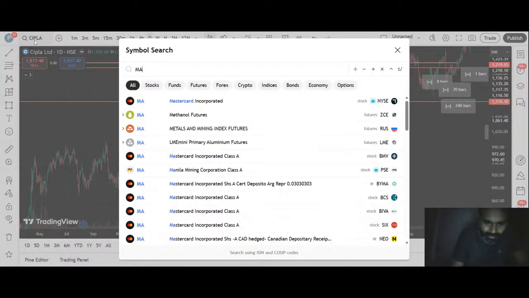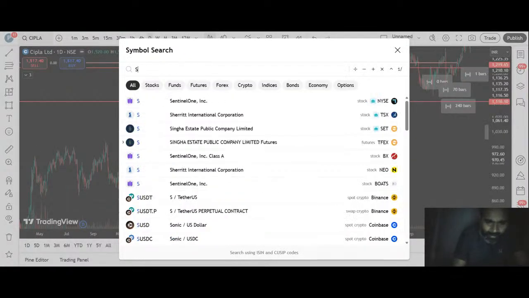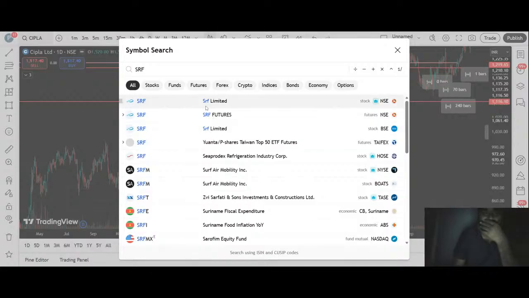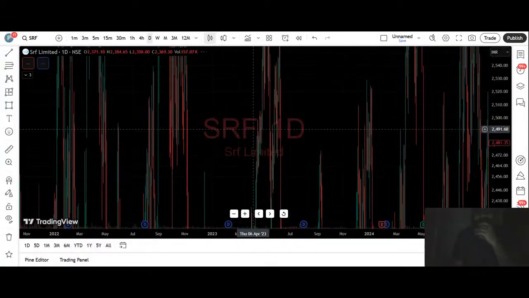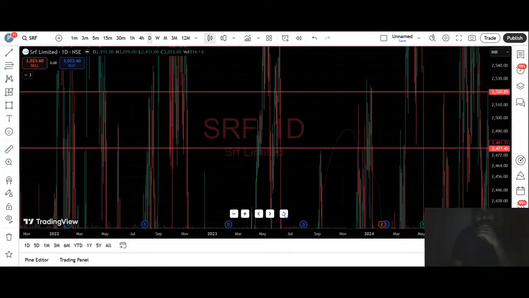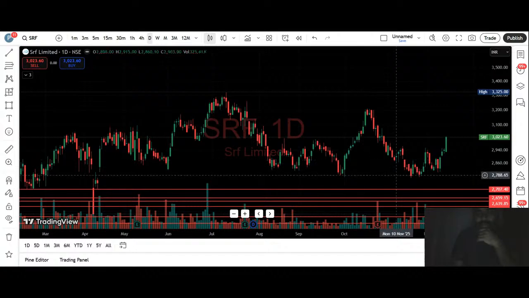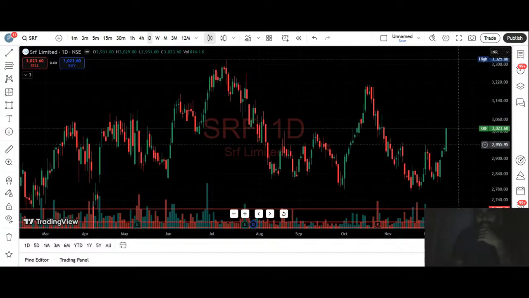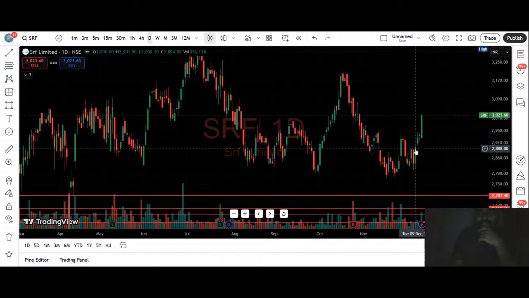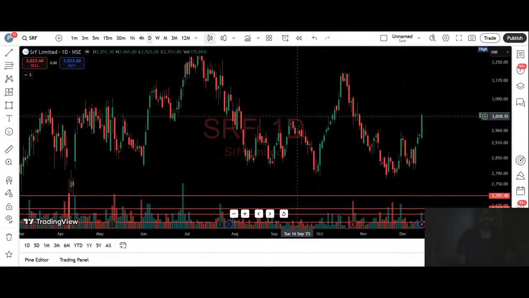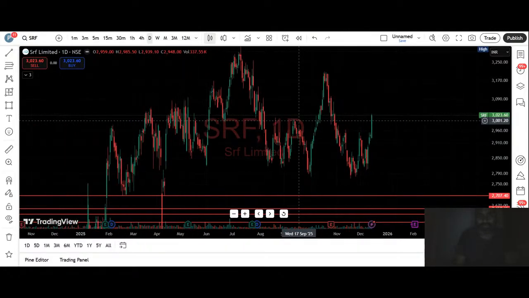I think I have an example in SRF. I have marked it. Recently, I have a position in it. I took the position on this day only. Still holding, no problem.